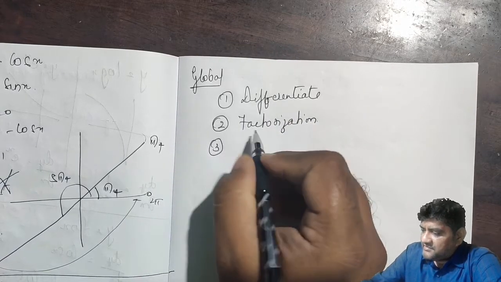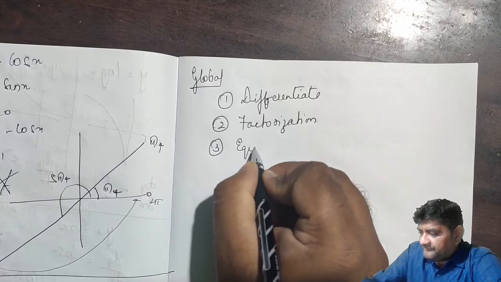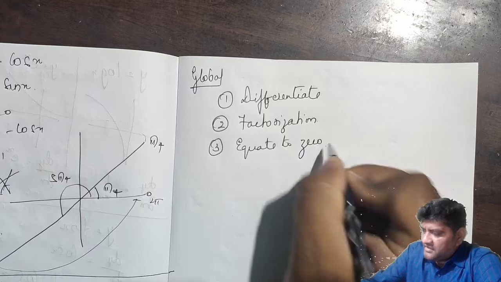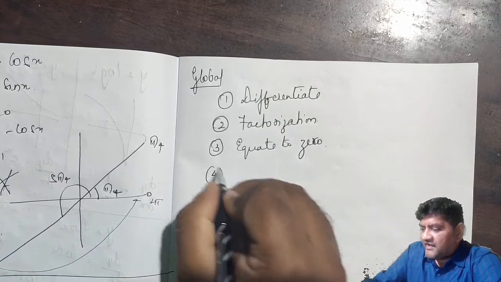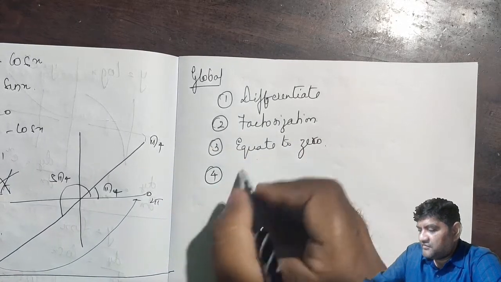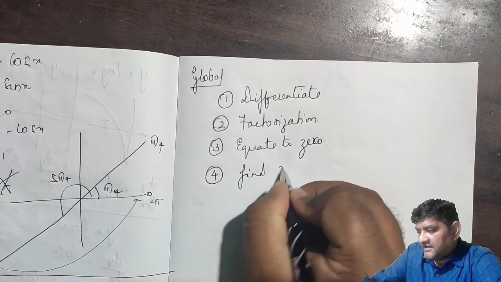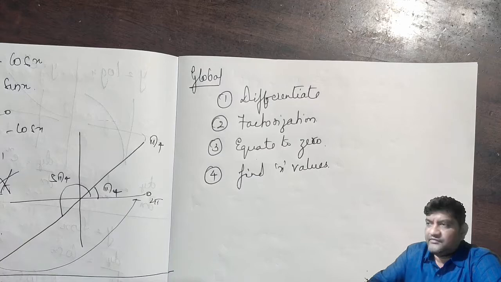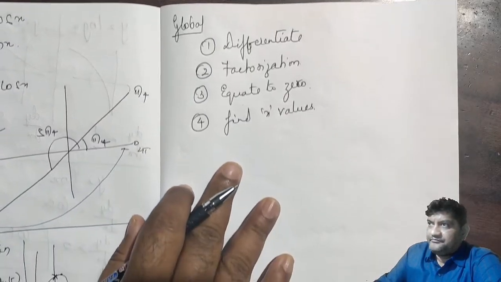The third step is to equate to 0. And then the fourth step is to find the values for x when it is equated to 0. Find x values.